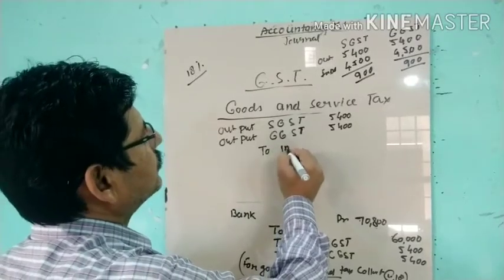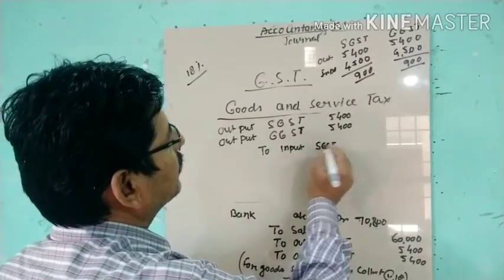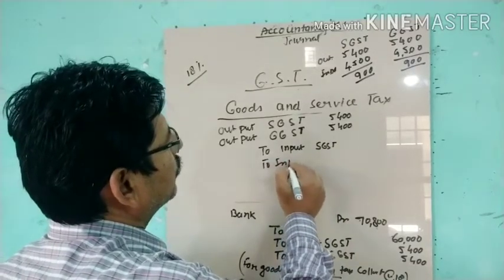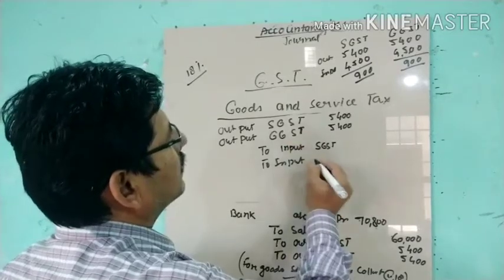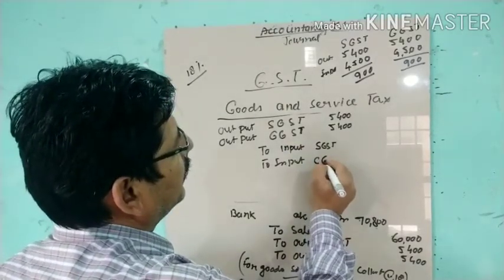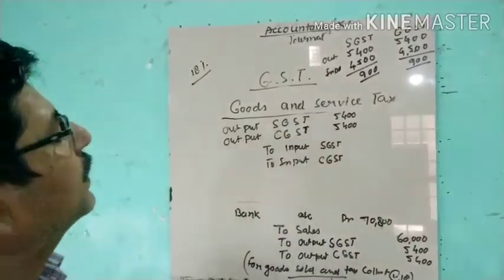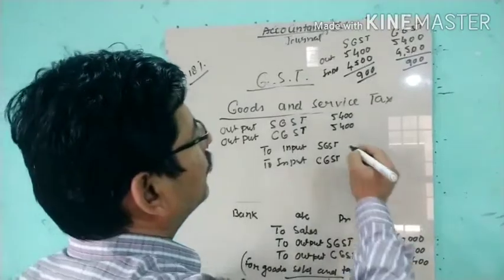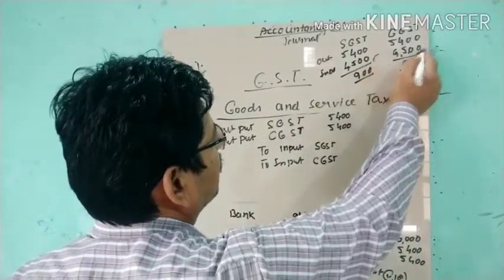To input SGST, to input CGST. 4,500, 4,500 was already adjusted.